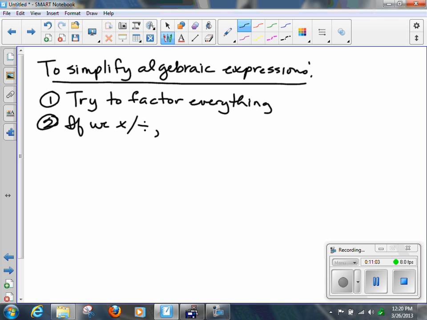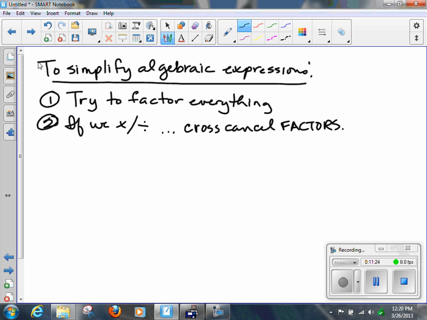If we're multiplying and dividing, then we want to cross-cancel factors. This is totally going back to what we just finished, some of us in Algebra 2, drawing on what we already know from Algebra 1.